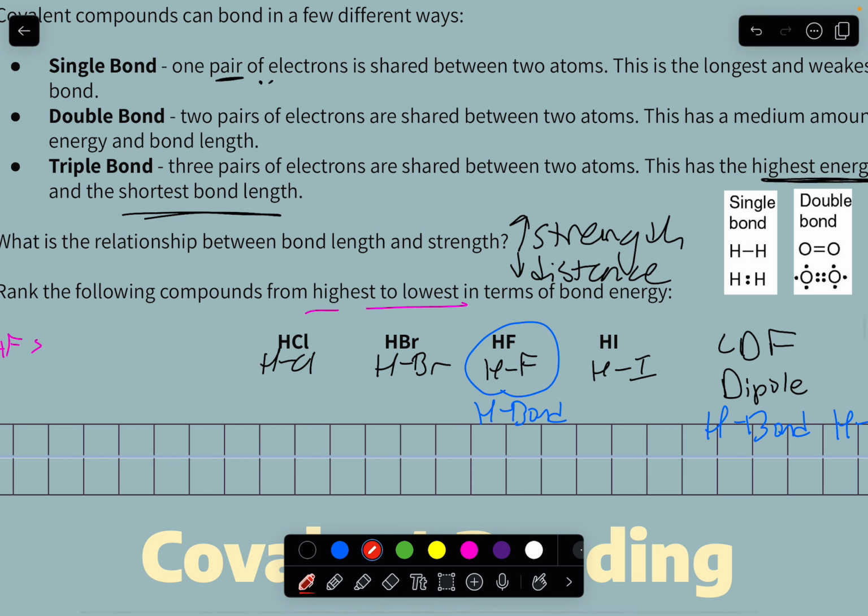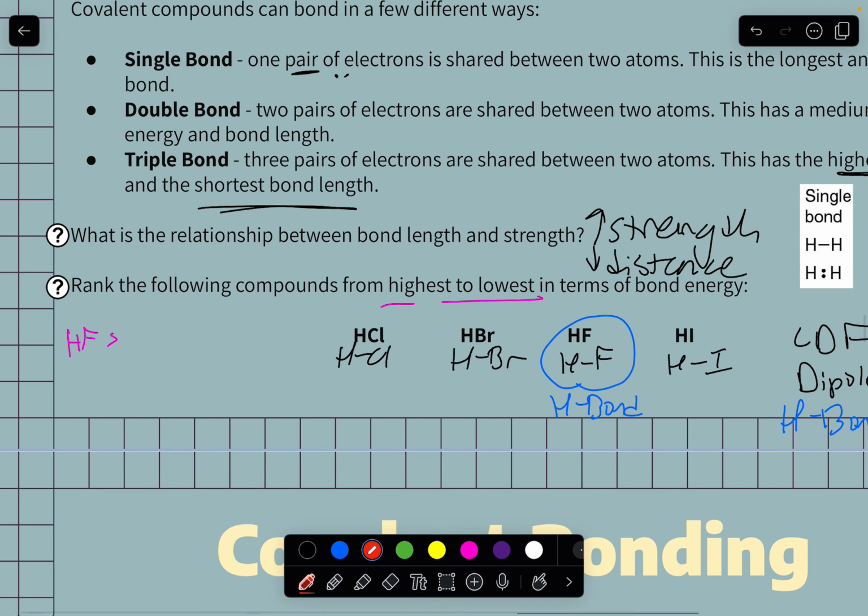Then between the other three, we're going based on distance of the bond. On a periodic table, group 17 are halogens. We have fluorine, chlorine, bromine, iodine. Going down that list, iodine is going to be the biggest, fluorine is going to be the smallest. So the bigger the bond, HI, is going to be weaker because further apart.